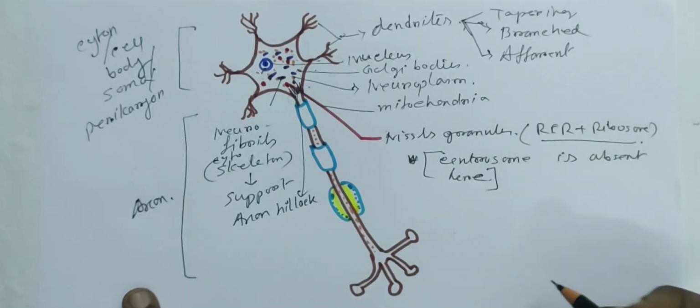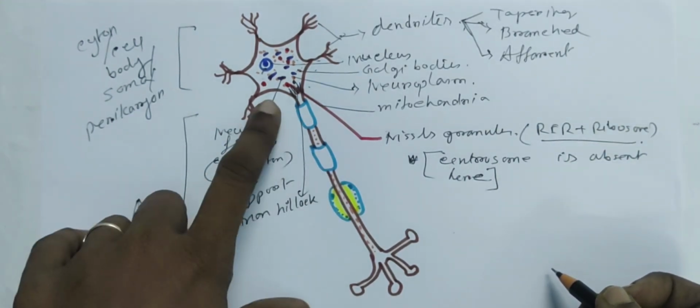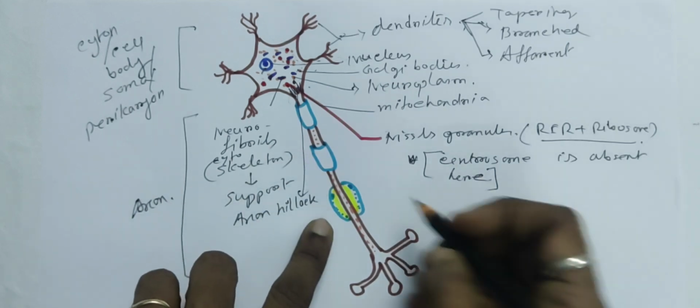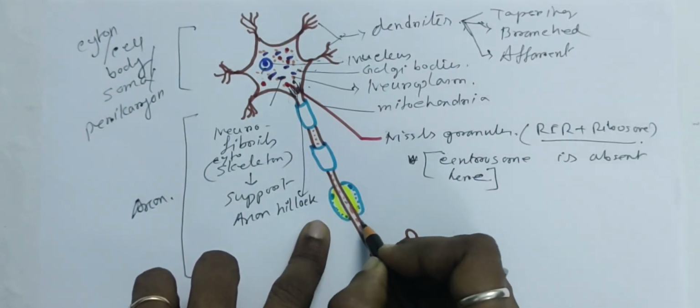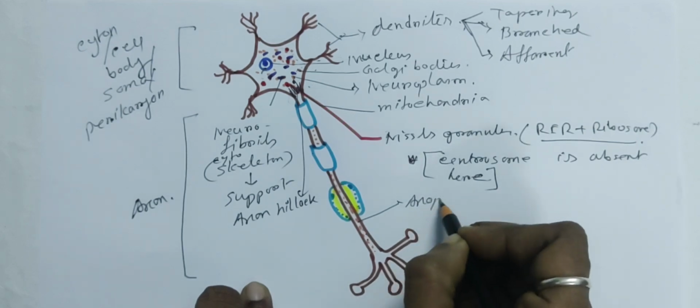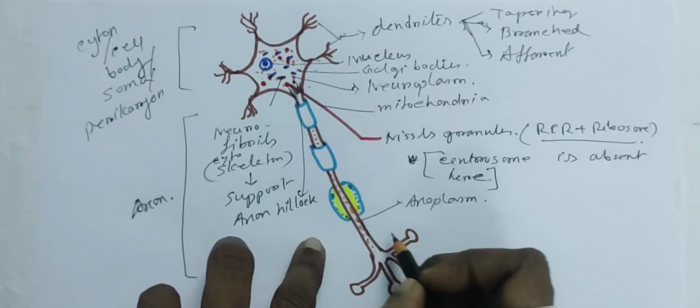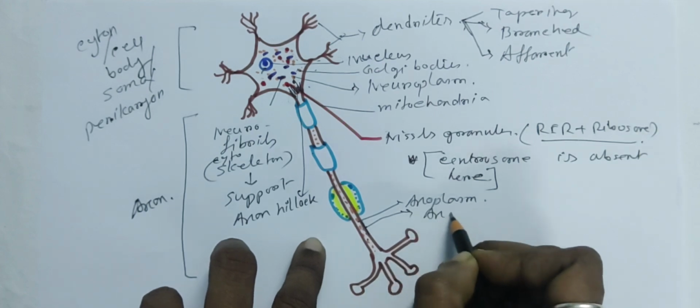And then there is the axon, the long process. The cytoplasm within the axon is called the axoplasm, and the membrane of the axon is called the axolemma.